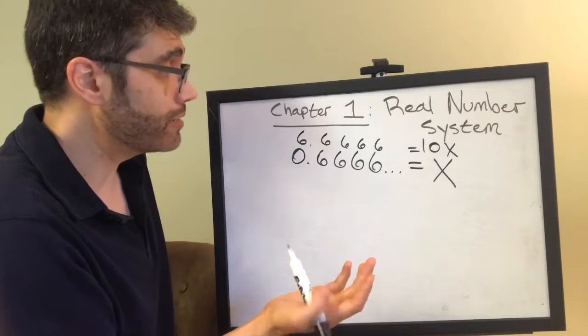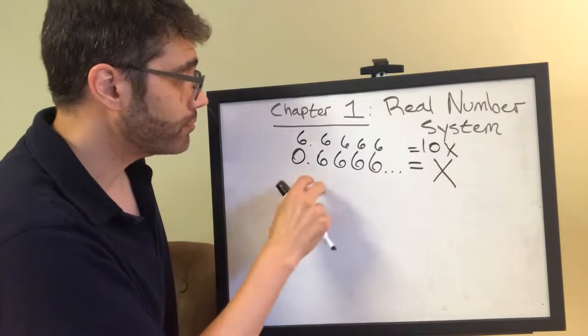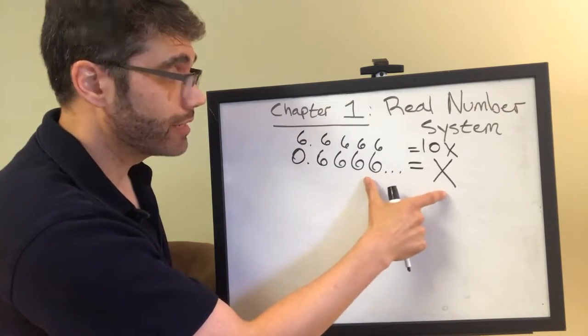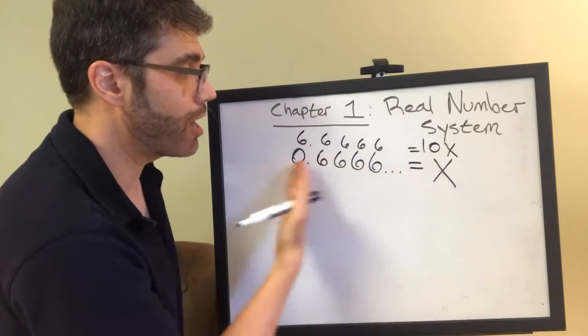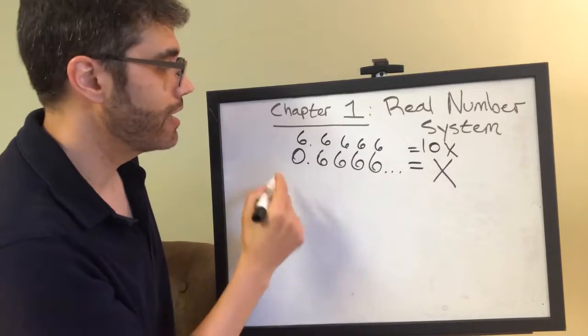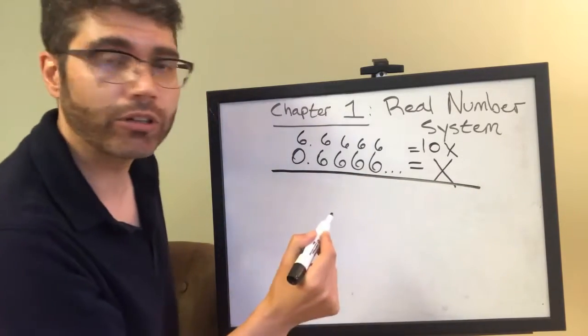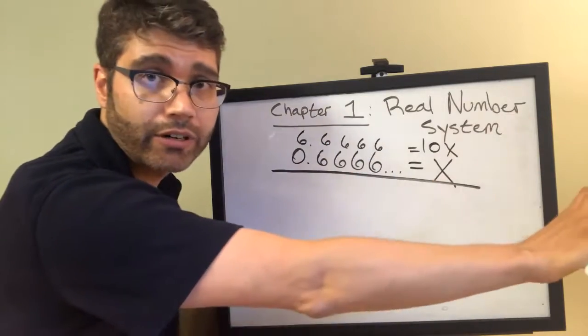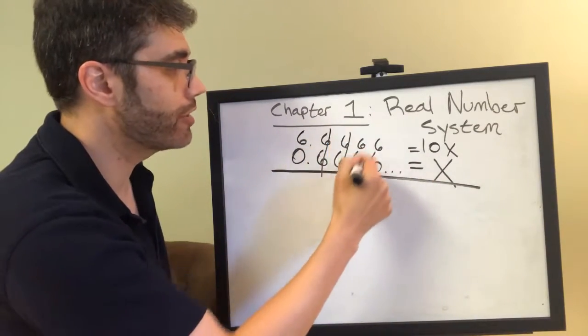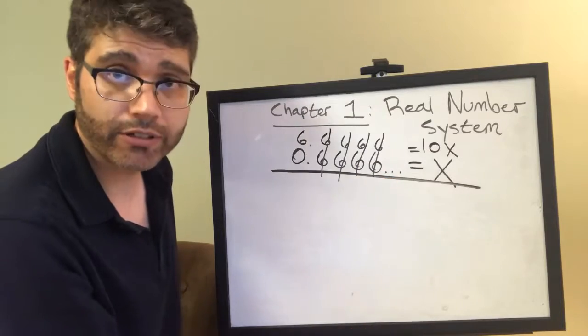What I'm going to do now is, remember, since this equation is a valid equation and this equation is a valid equation, I can subtract the bottom equation from the top equation. That is going to be very helpful because do you see all these 6's line up forever? So that means they will cancel each other out forever.